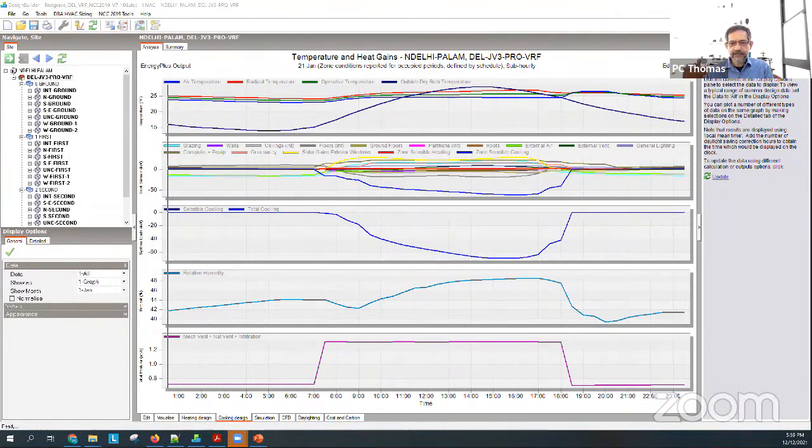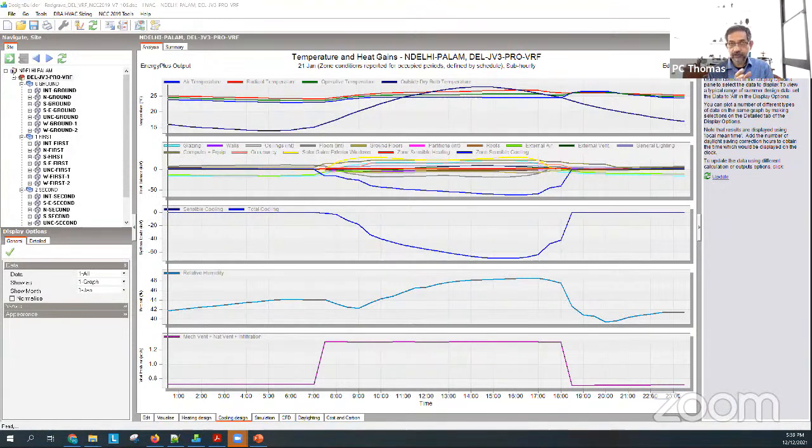Now, somebody else asked, can you please mention a demo occupancy schedule profile for a residential building? There are some defaults built into DesignBuilder, but I would really suggest that you talk to some people who are designing apartments or houses and try to find out what's useful in your locality.